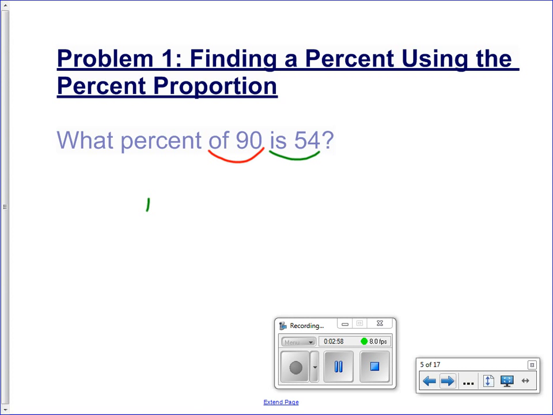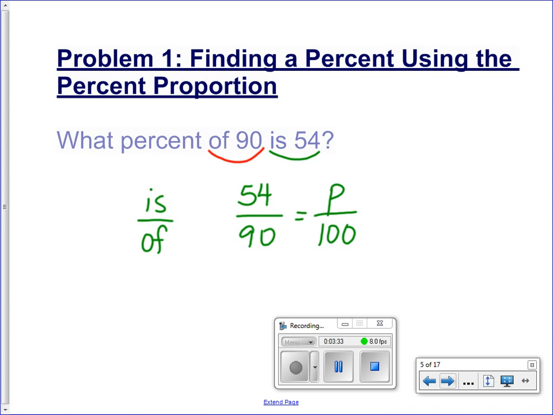Well, if you can remember, is over of, or part over whole. 54 is the part, and 90 is the whole. Now, sometimes the part might be bigger than the whole when you have a percent over 100. So keep in mind it's not always the smallest number that's on top. All right, then we set that equal to P over 100 for our percent proportion.